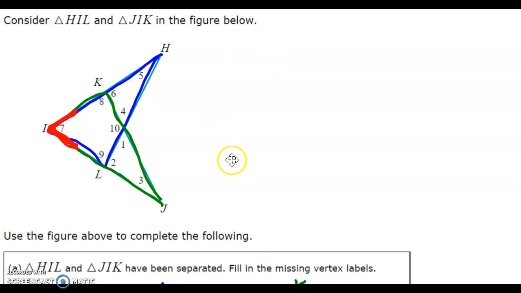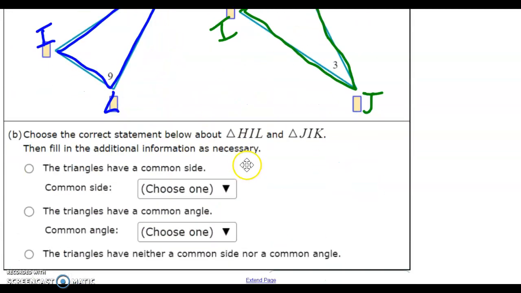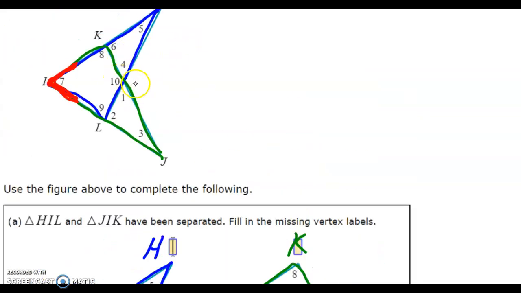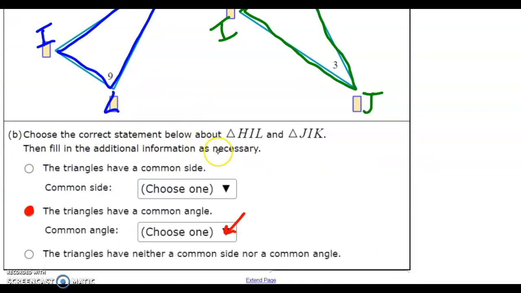And I'm pretty sure on Alex, so when we go ahead and say, okay, they don't have a common side, but these two do have a common angle, when you drop this down, I'm about 99% positive all those angles are going to be labeled as the numbers in the diagram for this sake, so that they're easier to identify. So they have a common angle, and in this case, it's angle 7.